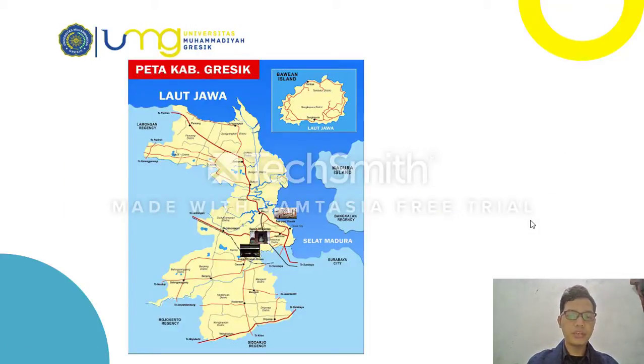Okay, we start with Gresik city. We know Gresik Regency is one of the regencies located in the province of East Java, located in the northwest of the city of Surabaya.